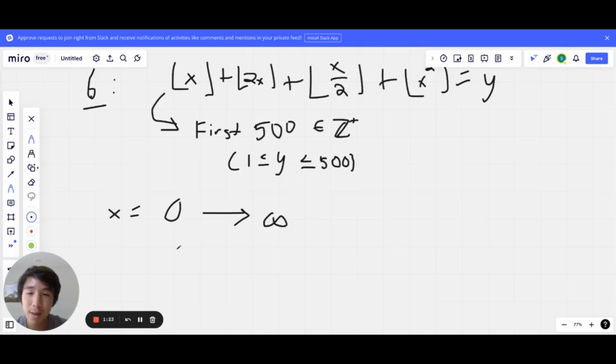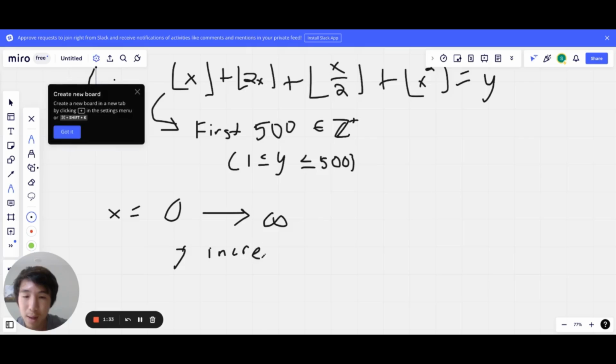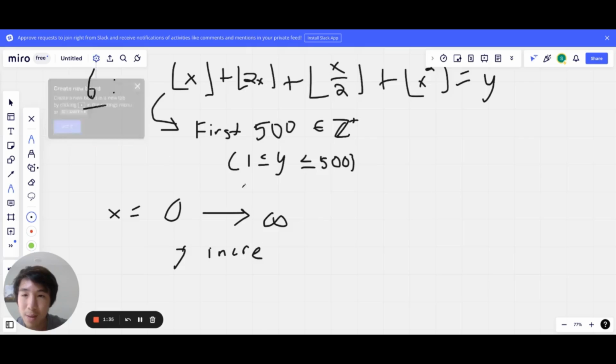Like how many times does y increase? Basically every time y increases, it attains a new value, since y can't decrease, every increase has to be a new value of y. And how many times does it increase up until 500, essentially?